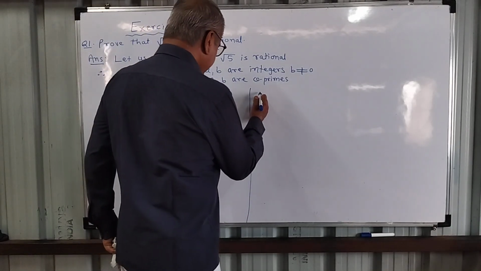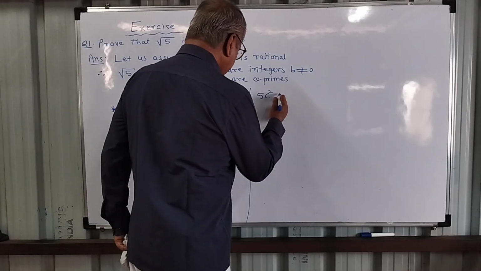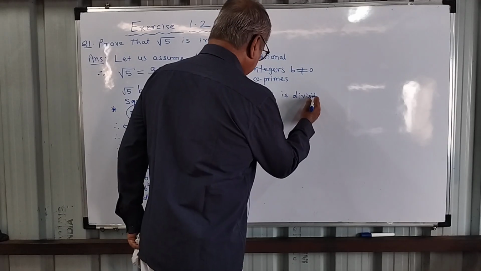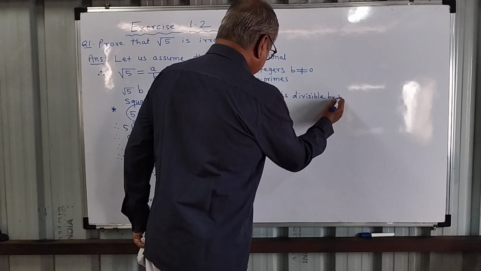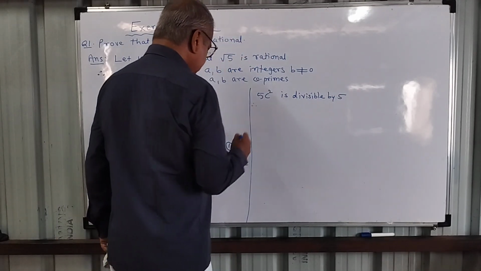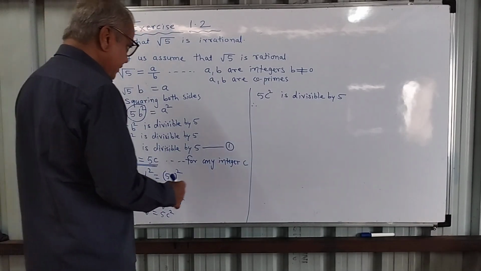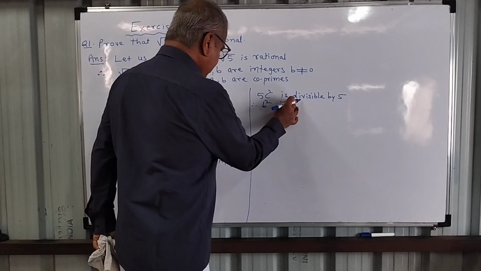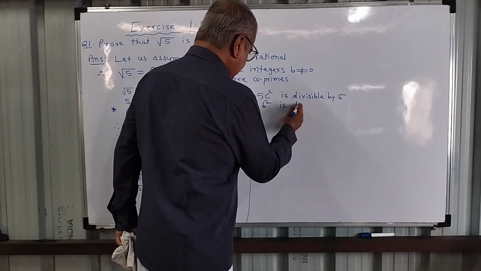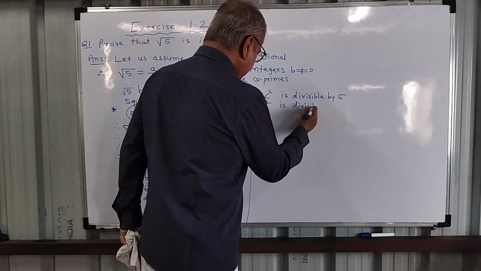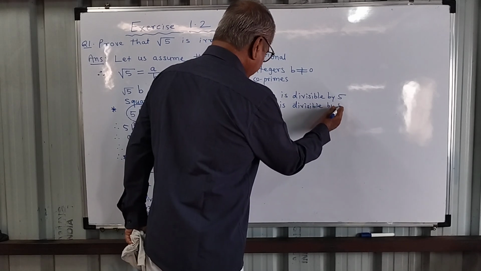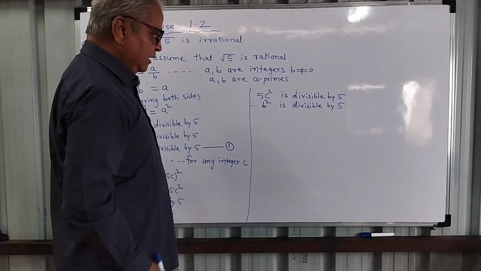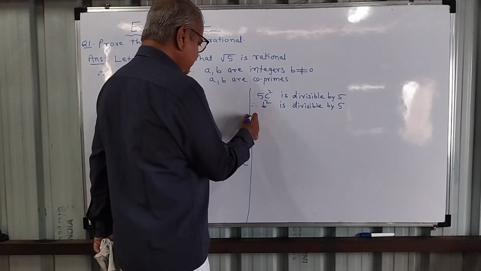Here we can write 5c square is divisible by 5. That means LHS b square is also divisible by 5, and b square divisible आहे म्हणजे b is also divisible by 5.